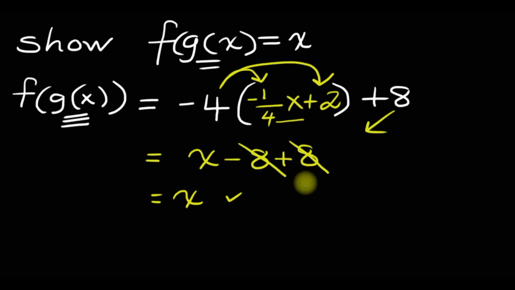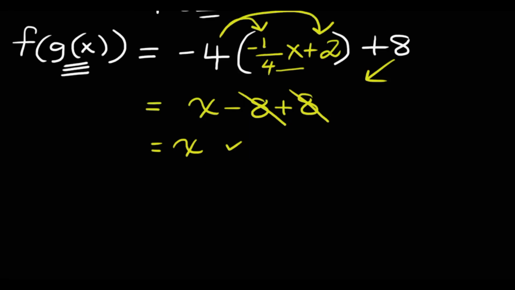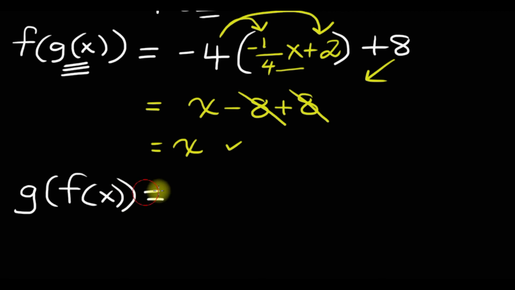Now we got to show the other one. We have to show g of f of x comes out to x. We're just doing the other way around. You see how f of x is inside this time?